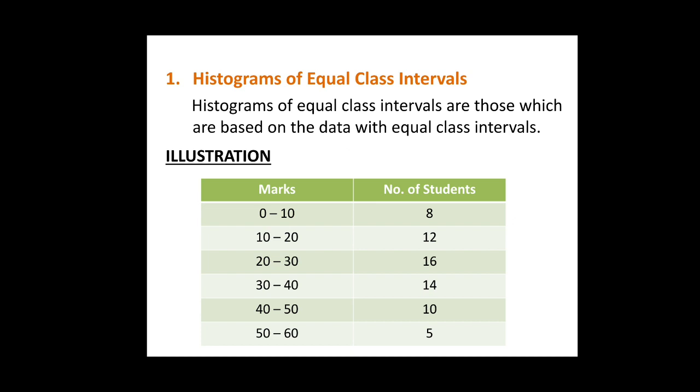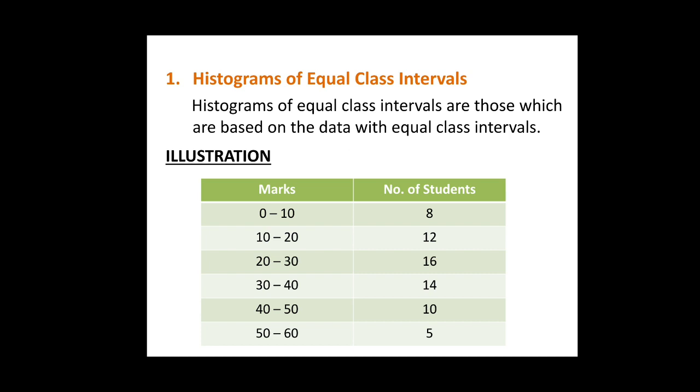In order to understand the process of constructing a histogram of equal class intervals, let us take an illustration here. The table given here shows the number of students corresponding to different range of marks in, let us take subject, economics. We have to present this information in the form of a histogram. Here we see class intervals, that is the size of each class, are equal, which is 10.